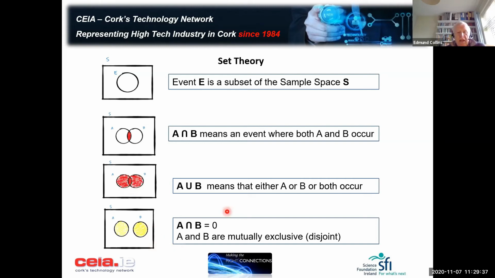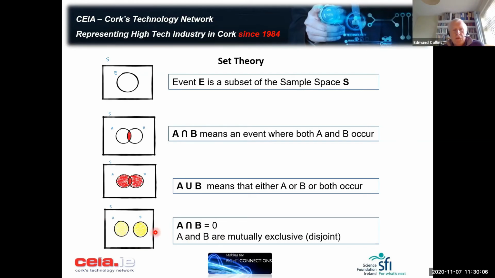Now, this is an interesting situation here. There's no intersection. So the intersection here is 0. A intersection B equals 0. Therefore, A and B are mutually exclusive. They're called disjoint. This is often used in questions too, so watch out for that, disjoint. There's no intersection.